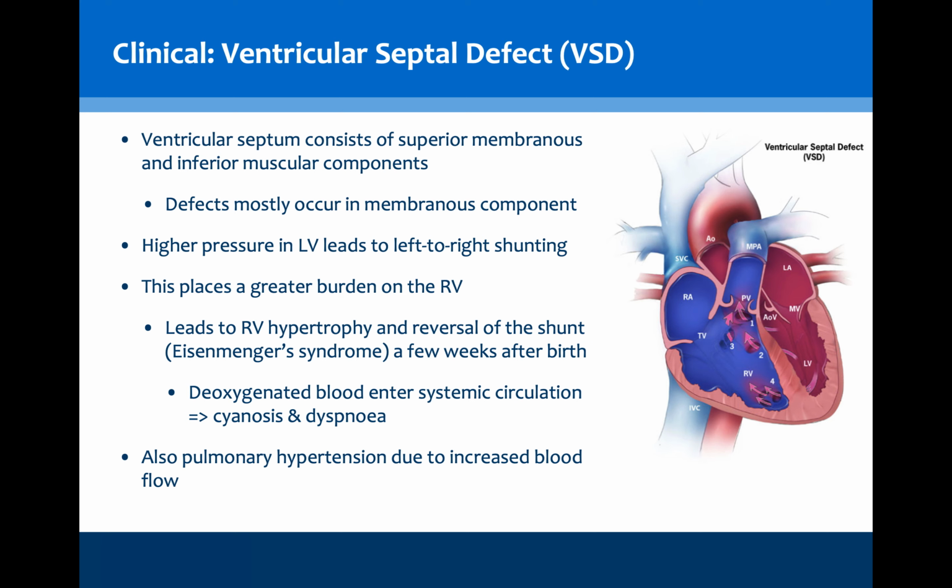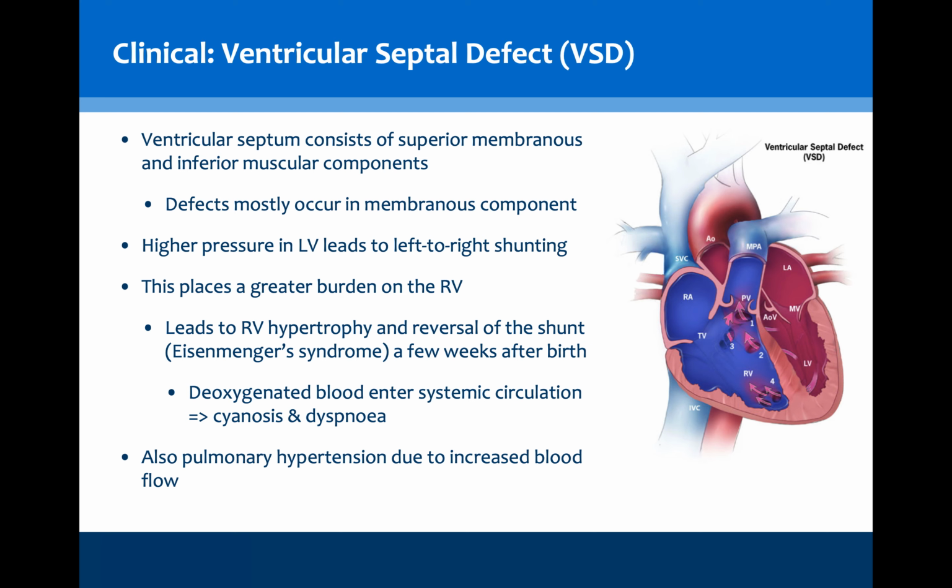This occurs because as the higher pressure and more muscular left side of the heart pumps blood to the right side of the heart through the defect, over time the right side of the heart will hypertrophy in order to respond to the increased blood return.